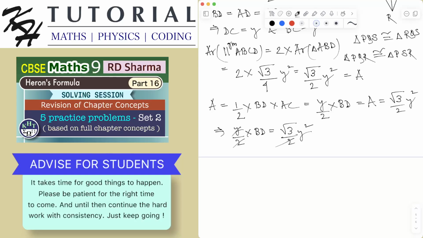I can also cancel y. So this implies AC will be equal to square root of 3 y square by y. This is equal to square root of 3 into y.